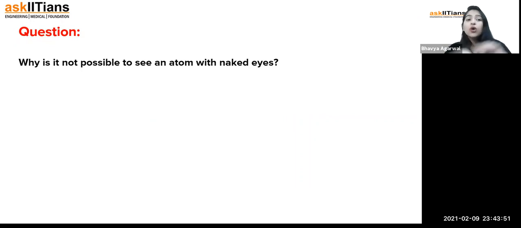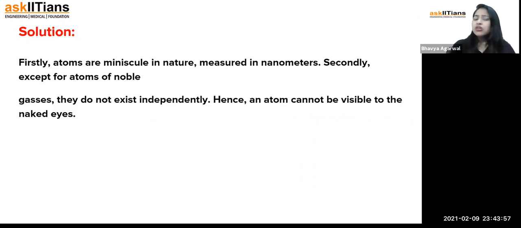So the question is, why is it not possible to see an atom with naked eyes? Oh, such an easy question. So, the first reason is they're very, very minute in nature, and the resolution of our eye is not that keen. So we cannot go to that level.